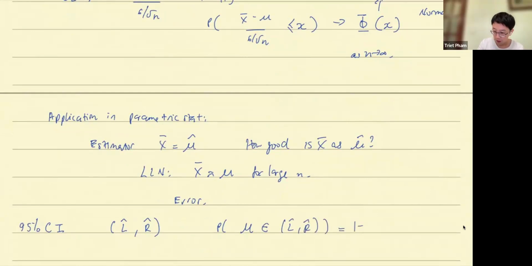So it's equal to 95%. Okay. So the challenge is to find two random quantities, or two sample-dependent quantities, such that the probability that this unknown quantity lies in this range is 95%. All right, that's a challenge.